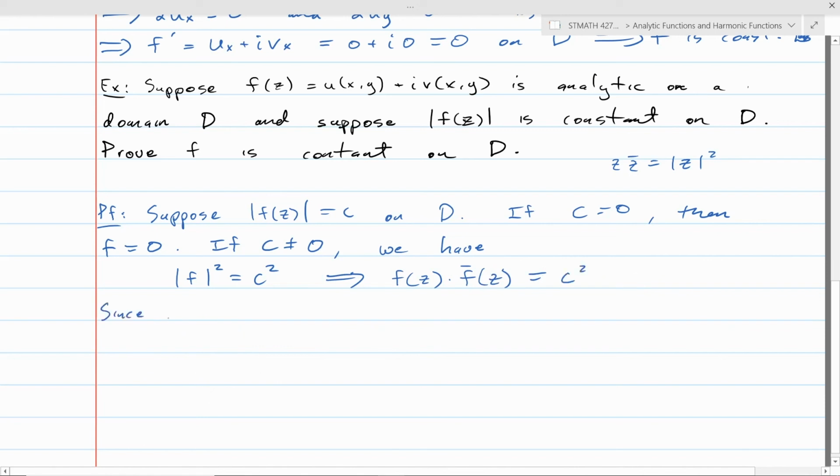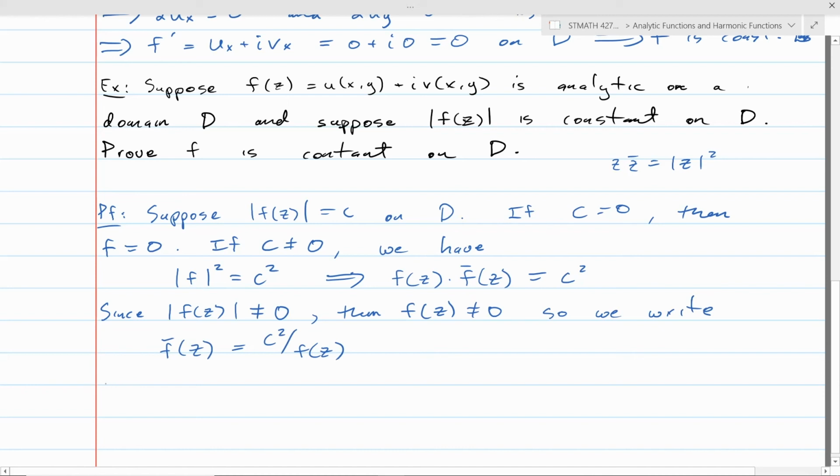And then since we know that modulus of f of z is not equal to 0 in the case that we're working on here, then we know that f of z itself is not equal to 0. So we can write f bar of z is equal to c squared over f of z.